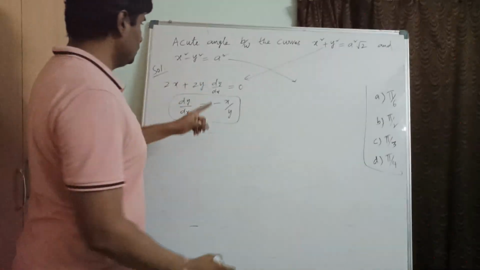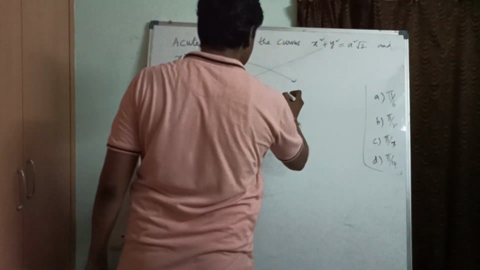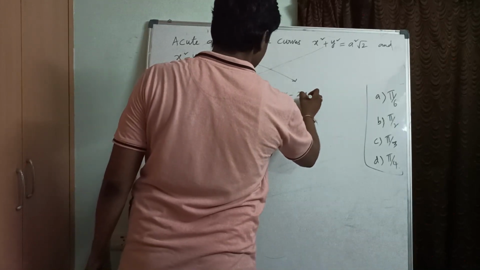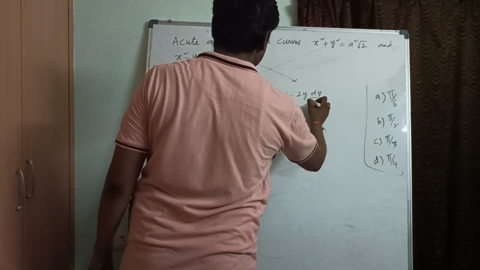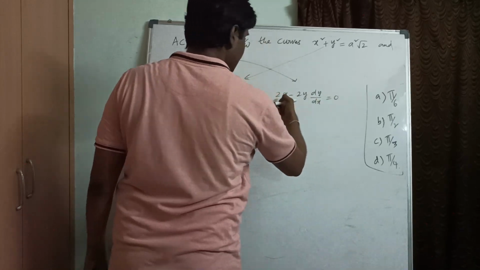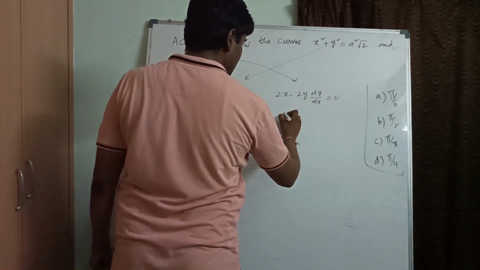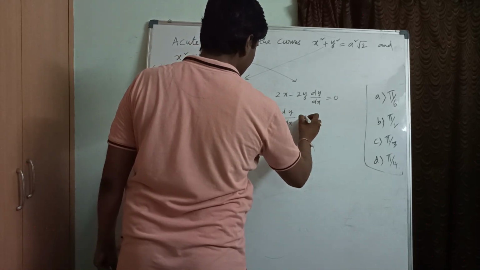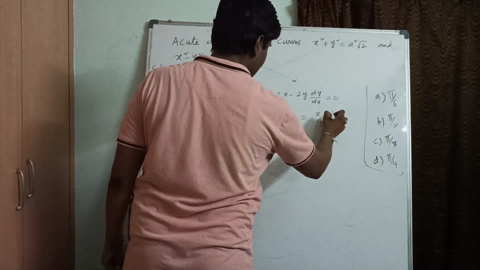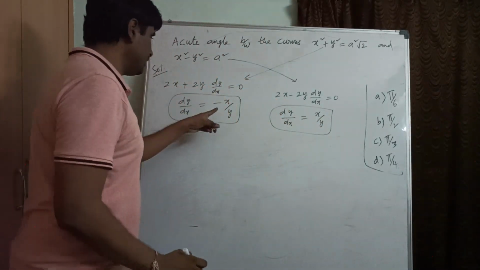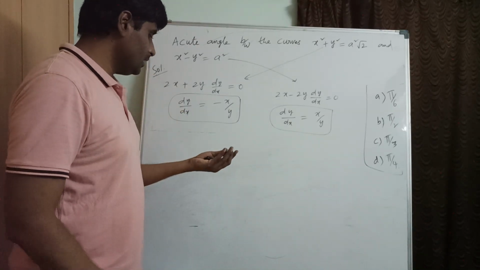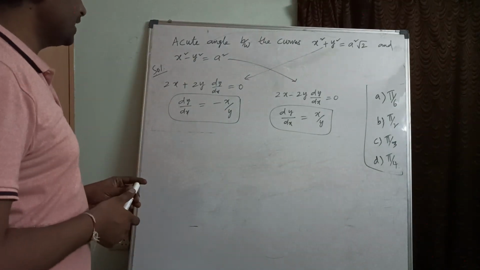Here x square minus y square equal to a square, so 2x minus 2y dy by dx equals 0. Here 2 common cancel. What will you get? Dy by dx equals x by y. So from the first we got dy by dx equal minus x by y, and from this we got dy by dx equals x by y.